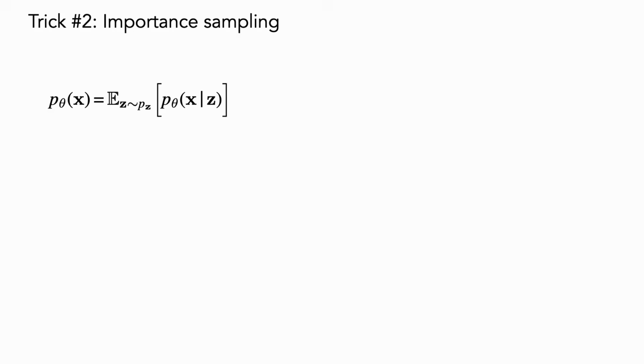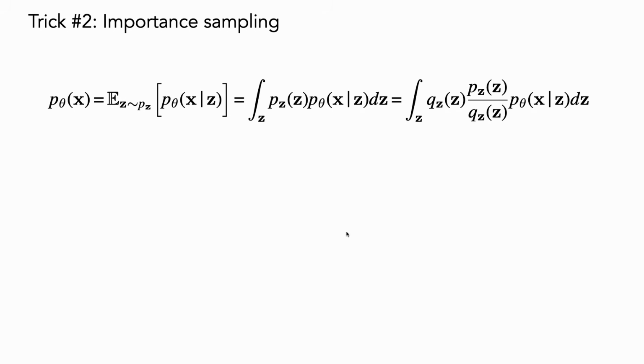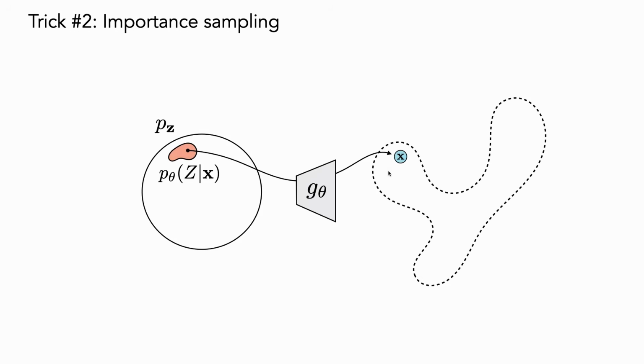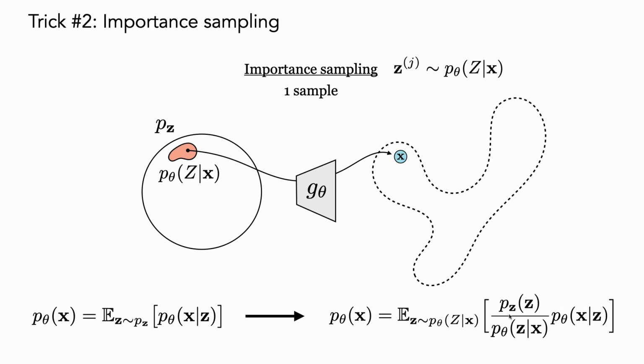That's because these two integrals are exactly equal if q has non-zero support everywhere. But a Monte Carlo approximation to this expectation is going to be a better estimate, with lower variance, than this expectation.